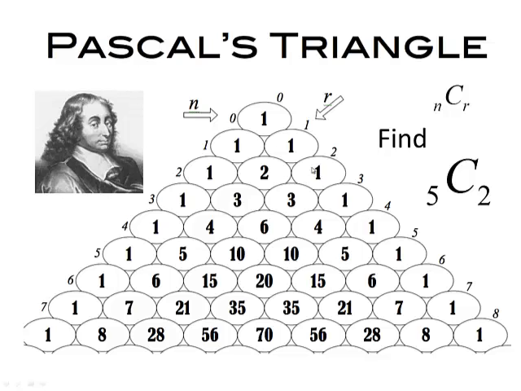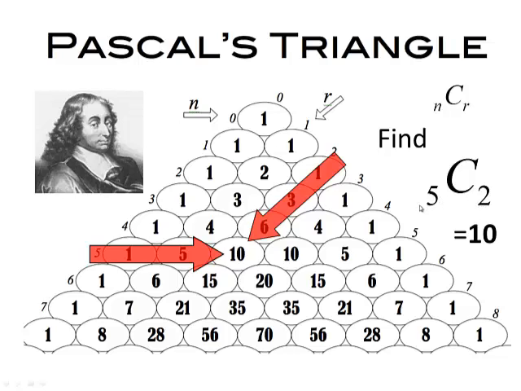Well, the row is 5. You come over here and you look at row 5 and the diagonal of 2, and they intersect at 10. The row is the fifth row and the second diagonal, and they cross at the 10. So there's 10 ways to choose 2 things out of 5.